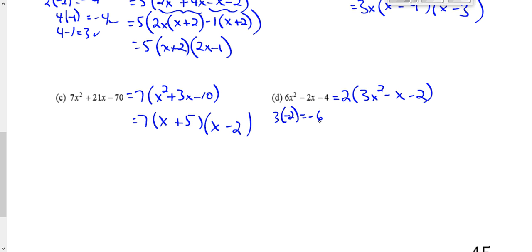Tammy, can you tell me the two numbers we're going to split our middle term up into? Yeah, it's our middle term. You got that, right? So, Cammy, what are we going to split that middle term up into? That's a negative 1x, right?